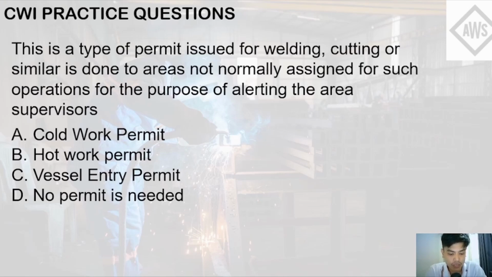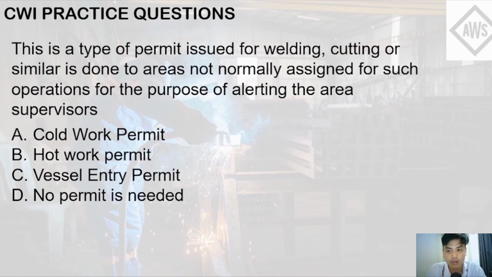For refineries, for plants that are normally not designed for any welding activity or any hot work activity, a hot work permit is needed to alert the area supervisor of any activities that will generate heat, that will be a hazard to the plant because it might ignite the fumes.